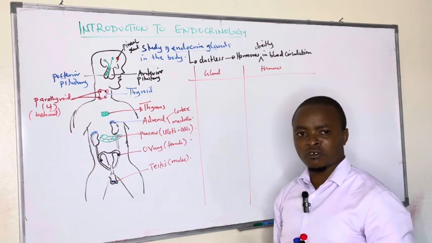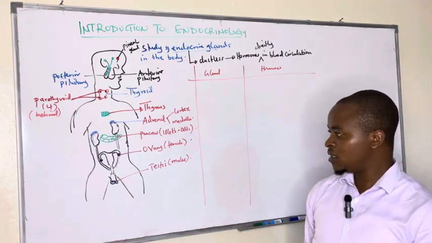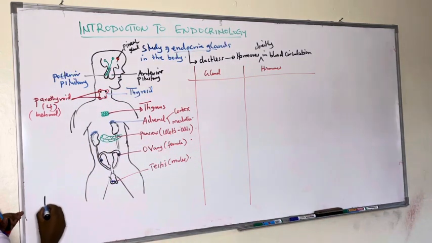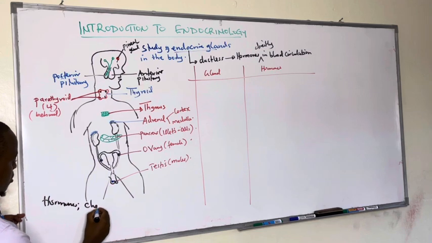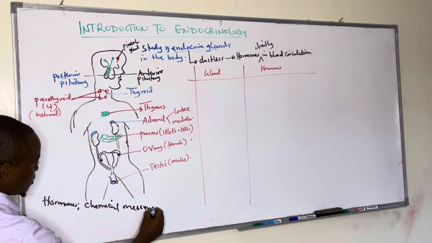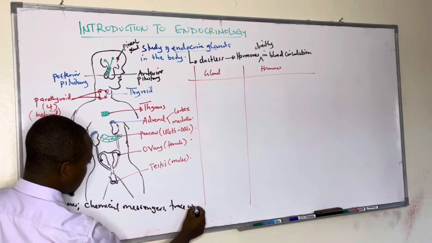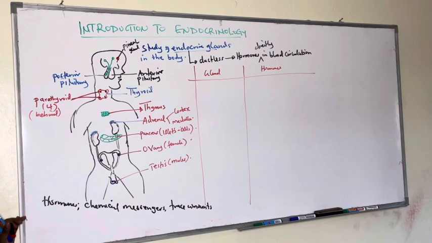But before we continue, we have to know what a hormone is. A hormone is a chemical messenger. Hormones are chemical messengers, and these chemical messengers are produced in trace amounts in the body.